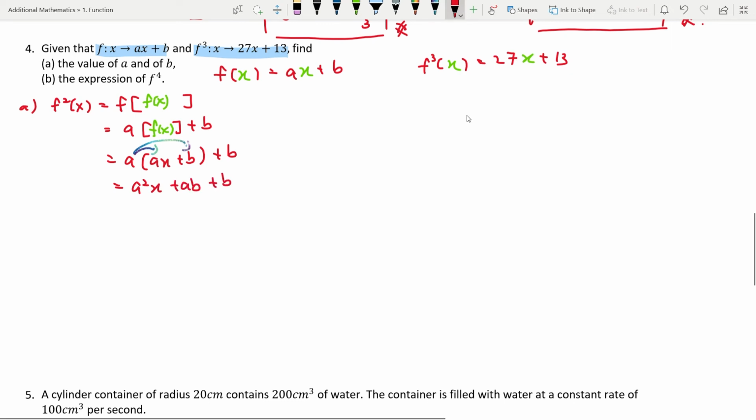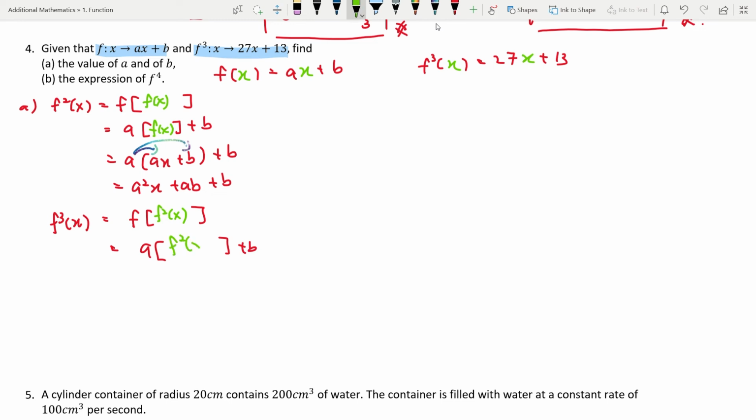We continue to find f³(x). f³(x) is f(f²(x)), so we are substituting f²(x) into the f. We get a(f²(x)) plus b. What is our f²(x)?